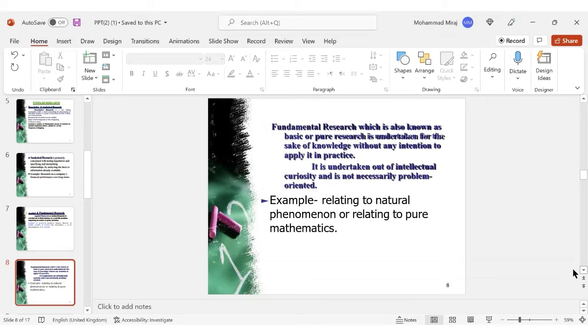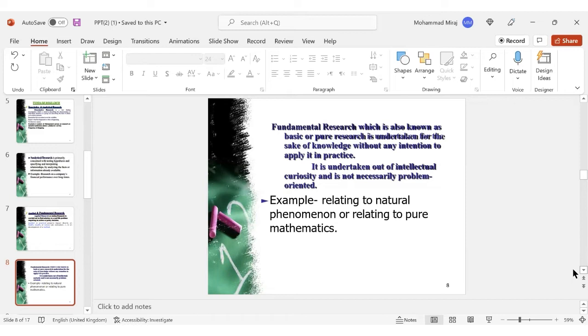Fundamental research is also known as basic or pure research. That means for the sake of knowledge, you know everything, like what is osmosis, what is pressure, how the pressure is regulated. You should know about the cardiac output. If you know about basic physiology and anatomy, you have a basic understanding of fundamental research.